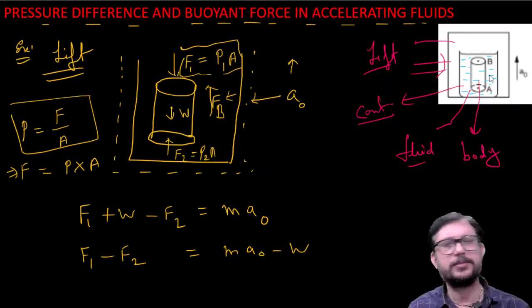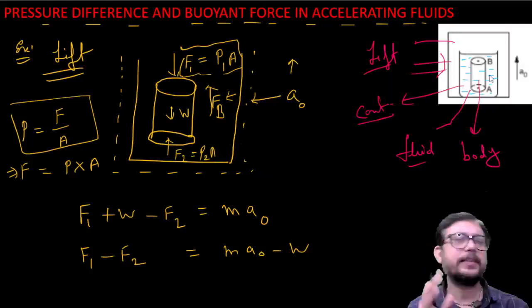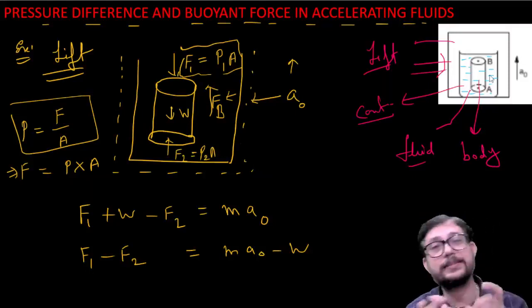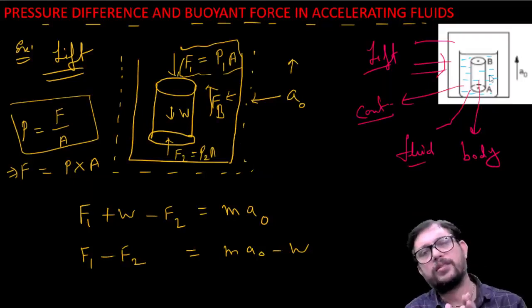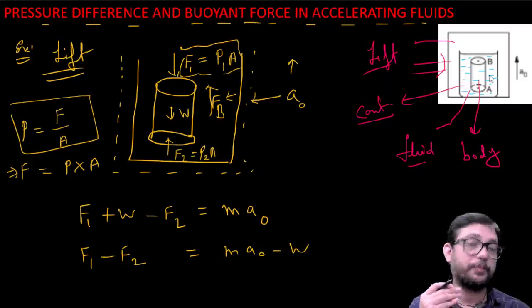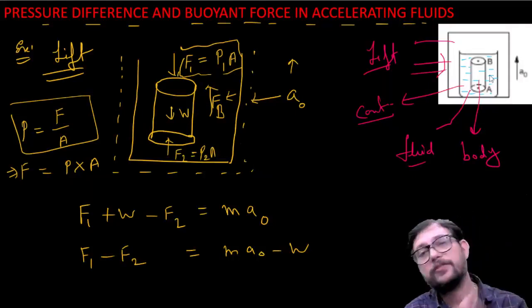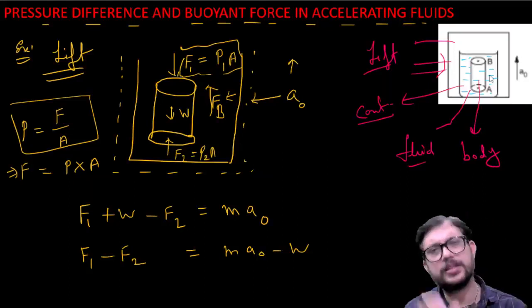So how can we calculate the pressure? In that situation we have to consider a body inside the fluid, and the body inside the fluid also feels the pressure due to the fluid itself. I hope the basic concept is clear.